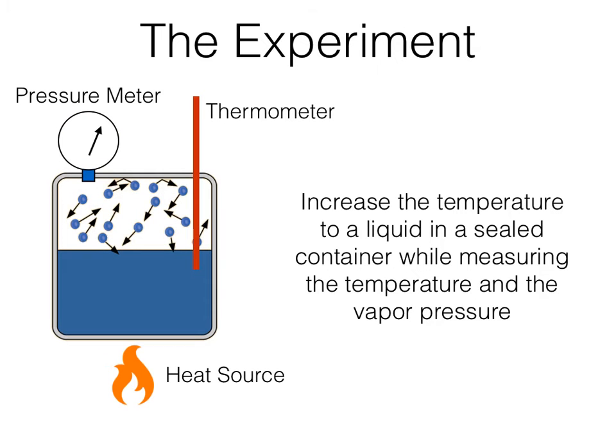And so the experiment that happens with Clausius-Clapeyron, which is the relationship that we are working our way towards, is that we take a sealed container and put a thermometer down inside of this container, and we measure the vapor pressure, and we have a heat source so we can change the temperature.